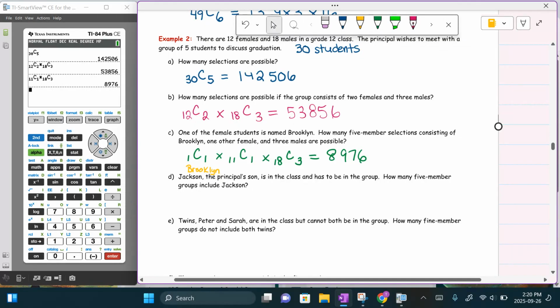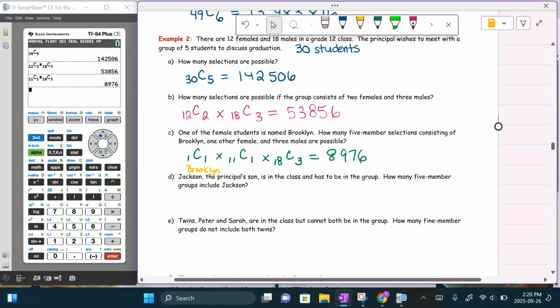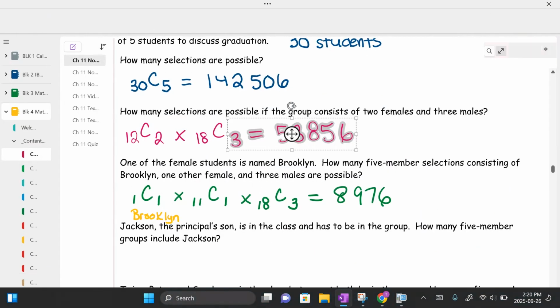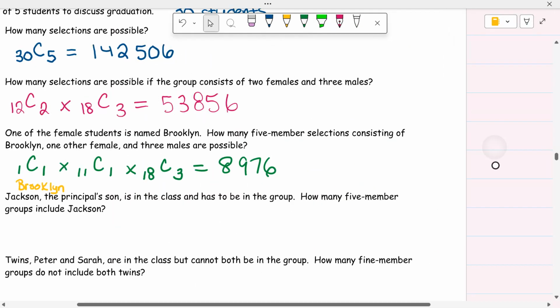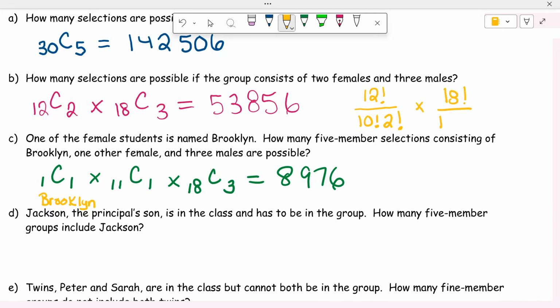I'm going to go back up to B just because this is sometimes where students get confused. Sorry, that was loud. On a multiple choice, they might do this to you guys. They might go, it's 12 factorial over 10 factorial, 2 factorial, times 18 factorial over 15 factorial, 3 factorial.